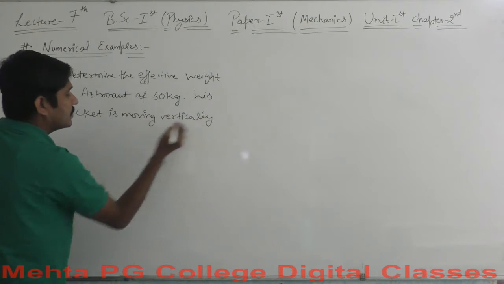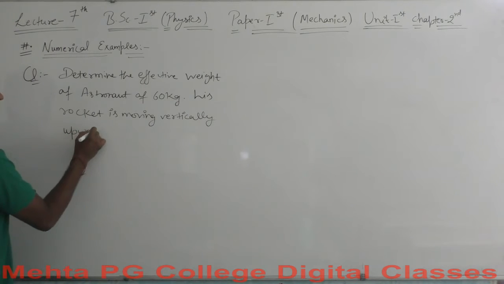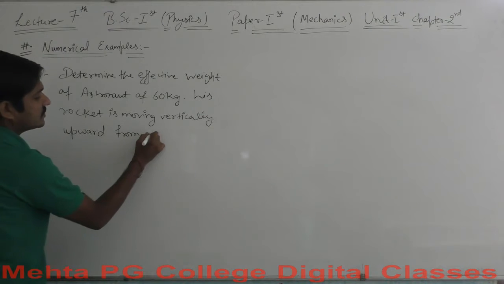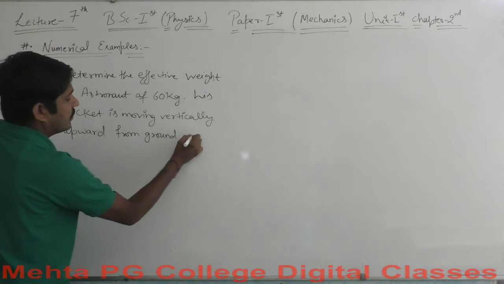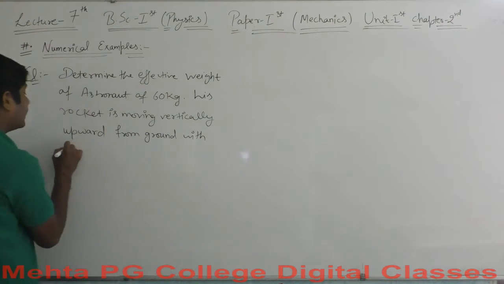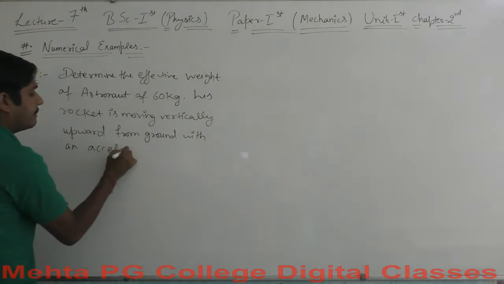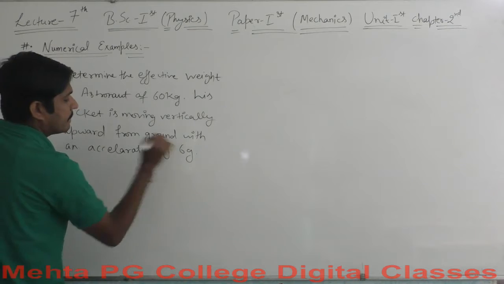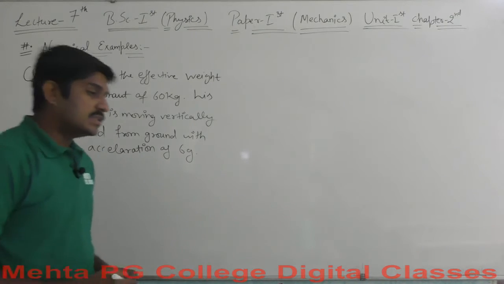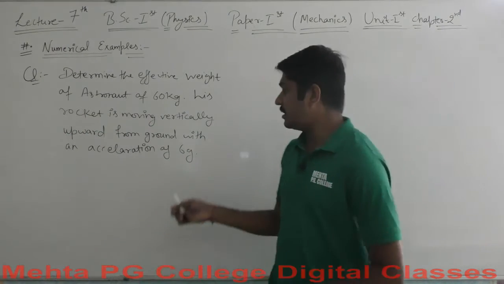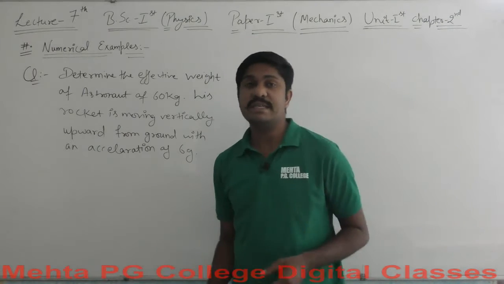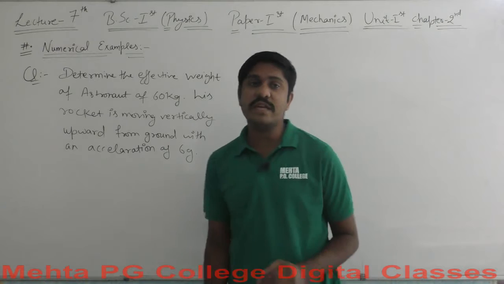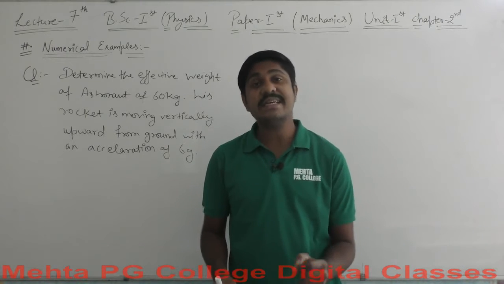G here stands for the gravitational acceleration, and the 6g means that it is moving 6 times the gravitational pull.